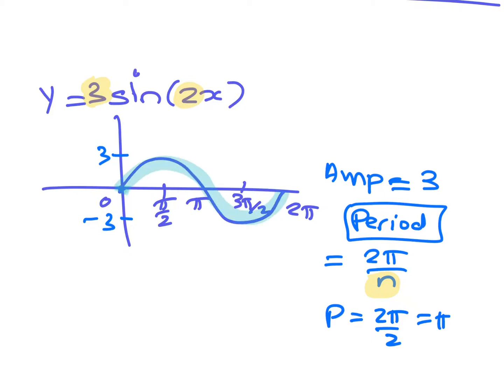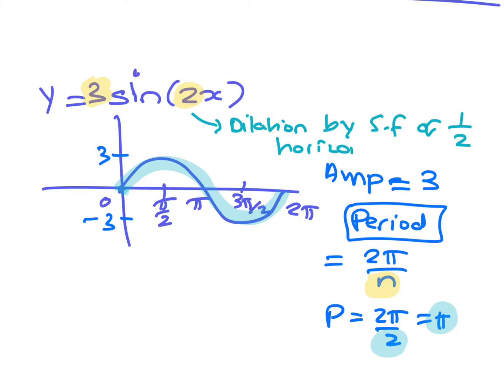So that means this graph is going to repeat after 2 pi, but because it's dilated, like this number in front here, this 2, it is a dilation by a scale factor of 1 on 2. So it'll be half the size, and this is horizontally dilated.